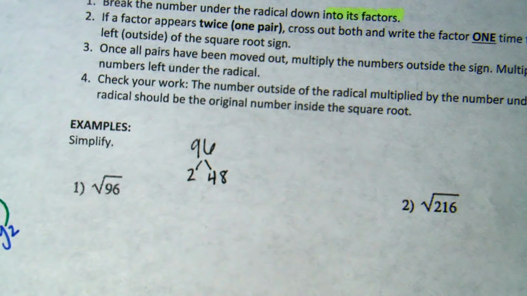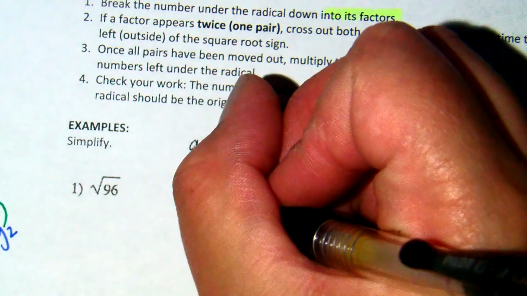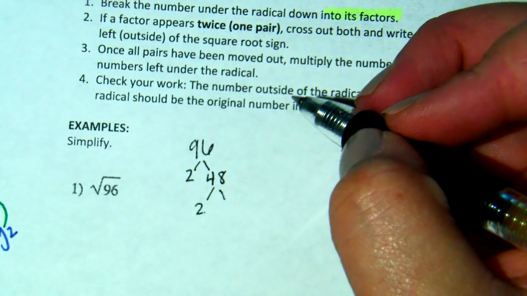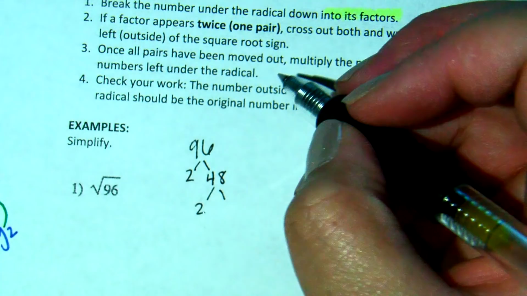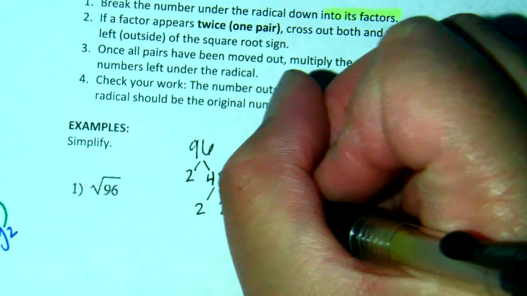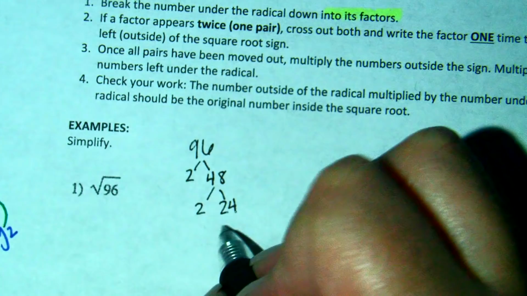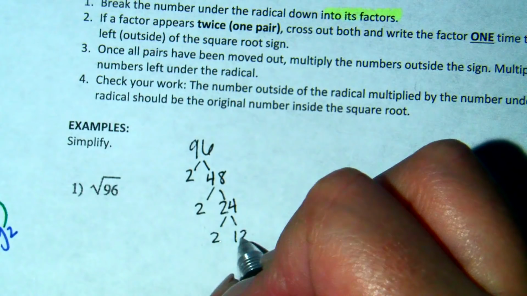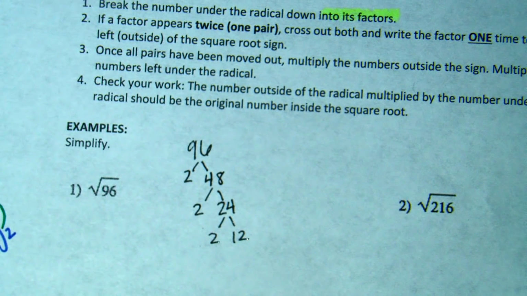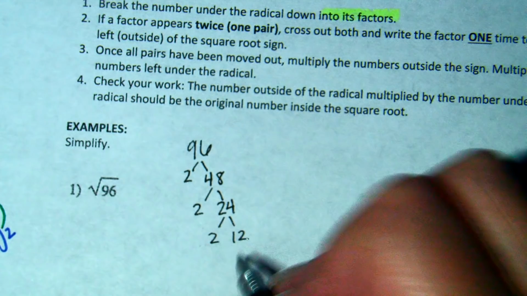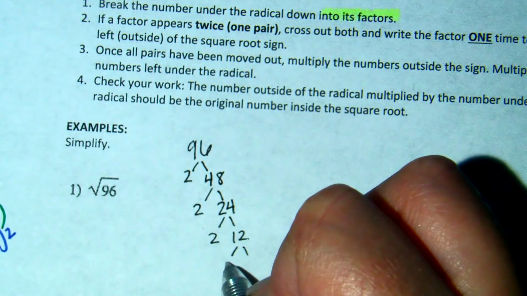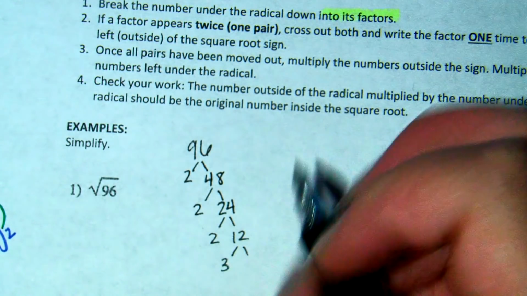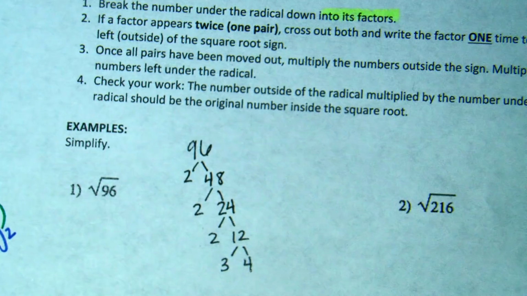But I can break 48 down into 2 and 24. I can break the number 24 down into 2 and 12. 12 can be broken down into 3 and 4.